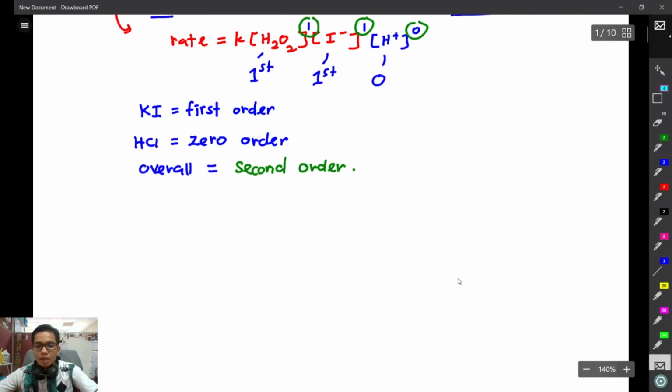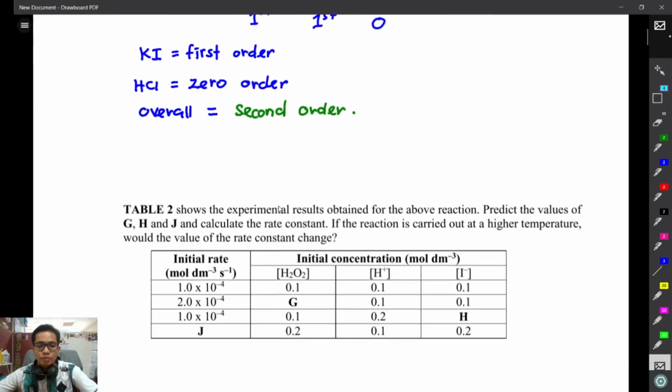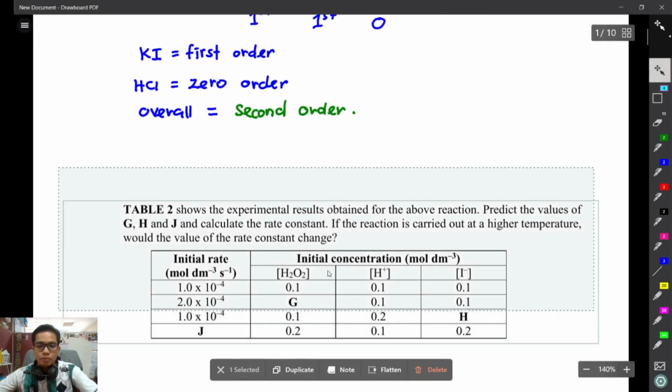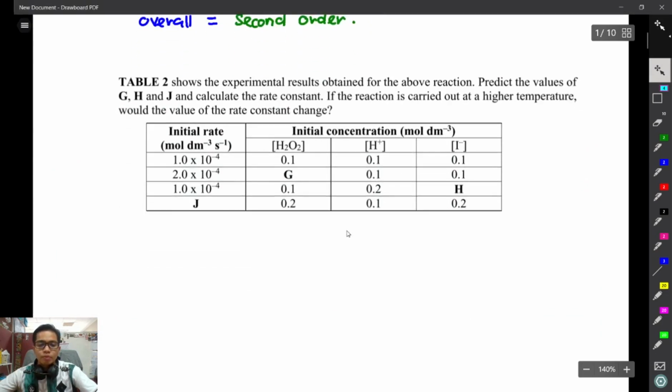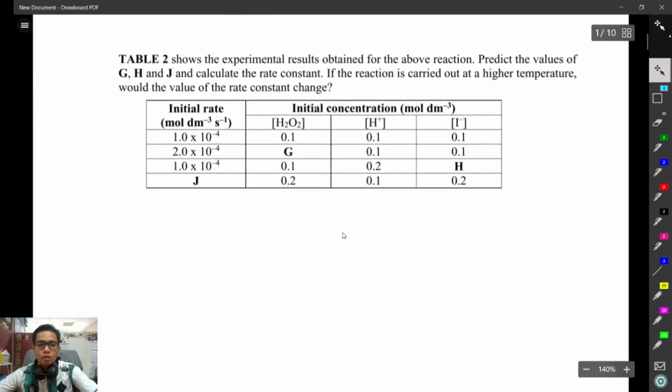Now let's look at the second part of question 8A. Table 2 shows the experimental results obtained for the above reaction. Predict the values of G, H, and J and then calculate the rate constant.